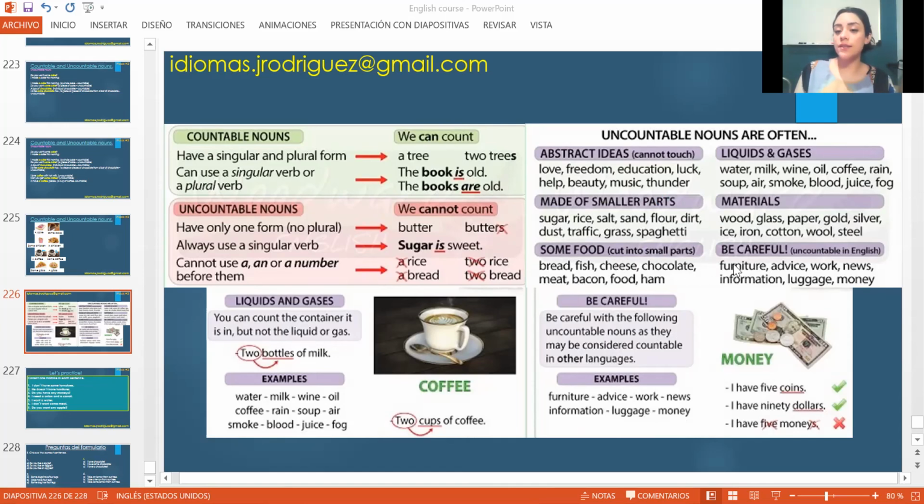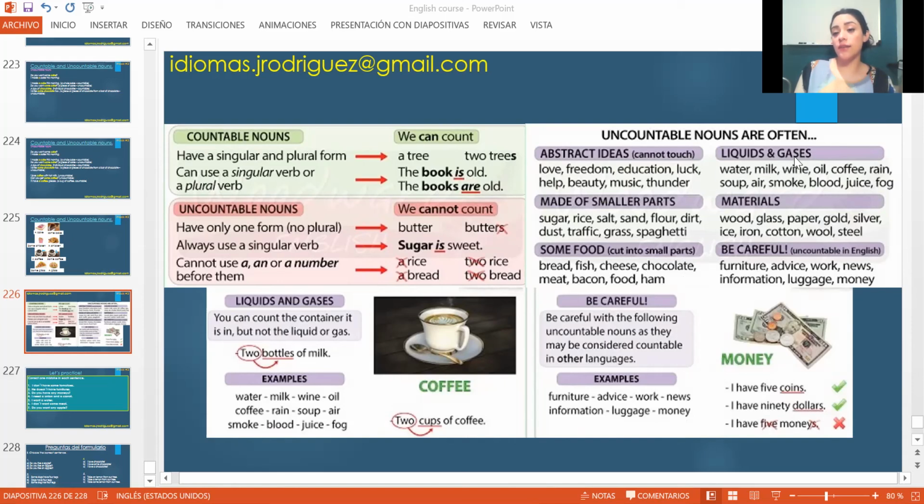Cheeses, no. Chocolate, meat, bacon, food, jam, pan, pescado, queso, chocolate, carne, tocino, comida y jamón. Todas estas son uncountable. Liquids and gases: water, milk, wine, oil, coffee, rain, soup, air, smoke, blood, juice, fog.